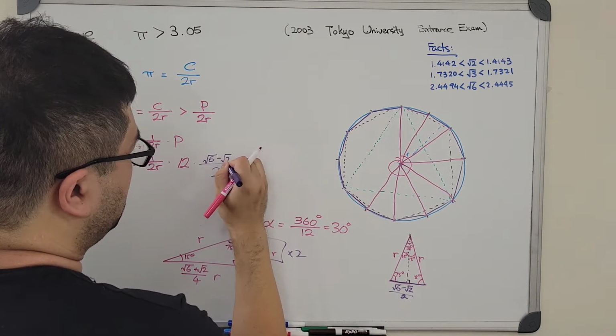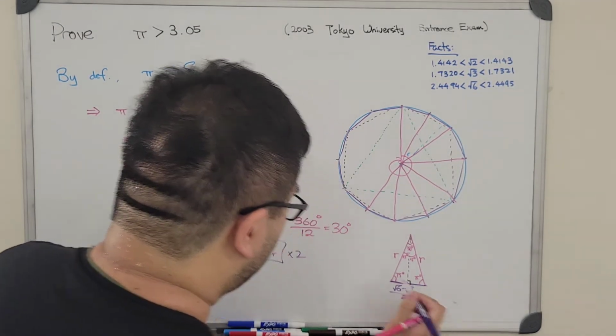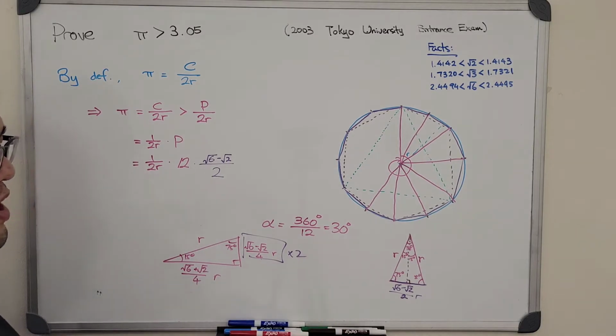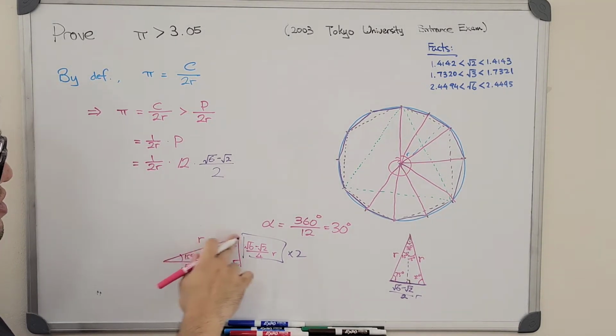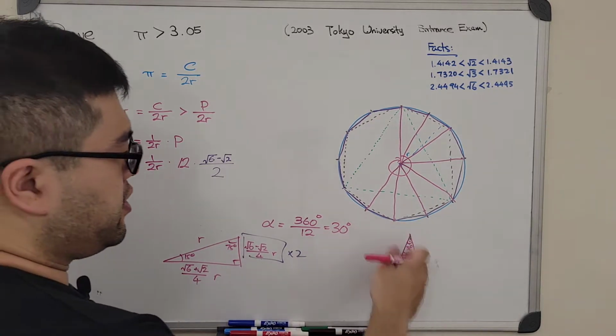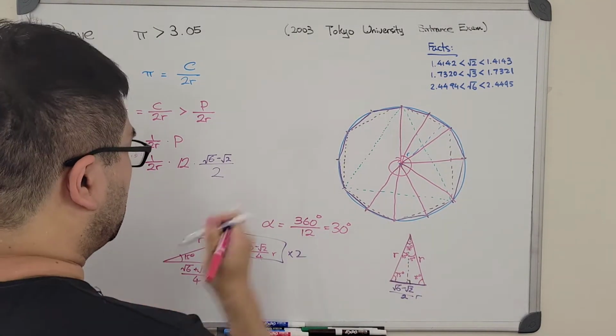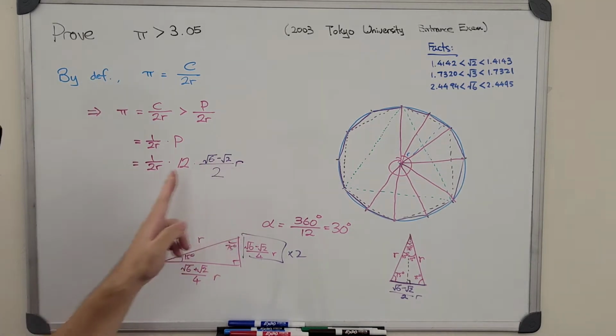Like this. And then don't forget, there's an r here because we're multiplying by the radius, which is the length of the hypotenuse.